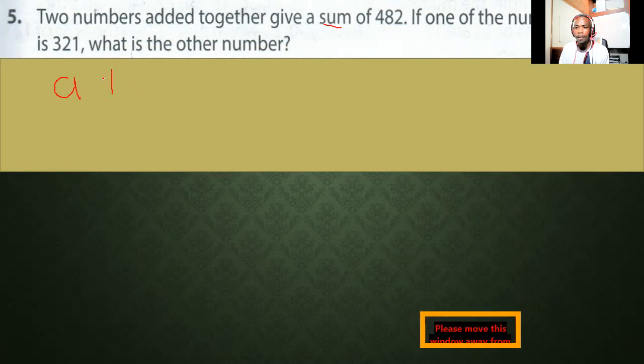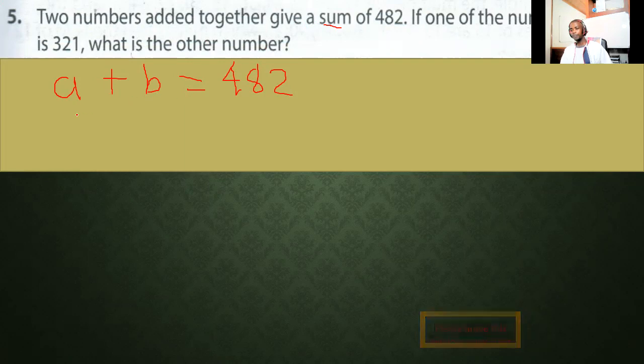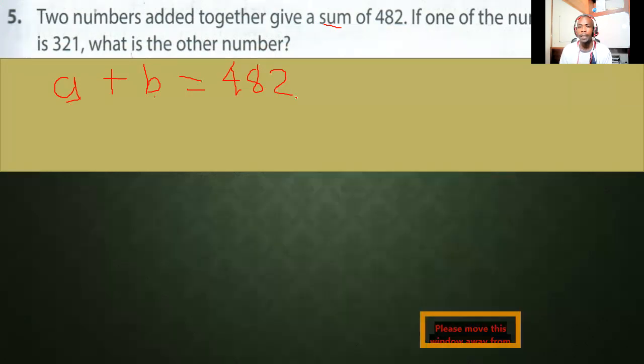So A plus B equals 482. Okay? Now, for you to get A, you can subtract B from 482. For you to get B, you subtract A from 482.